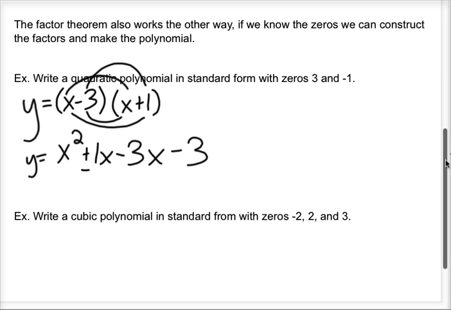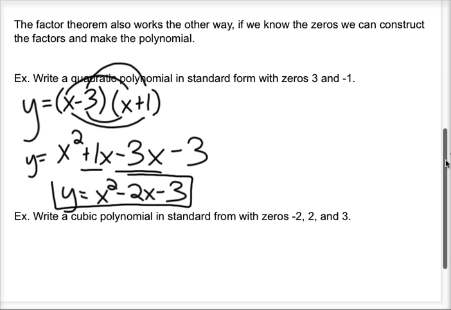Remember in the foiling process, you can then combine your like terms. So 1x minus 3x is -2x, minus 3. And there is your quadratic in standard form. So pretty basic, okay? Just constructing those separate factors and then foiling it out when you need to.